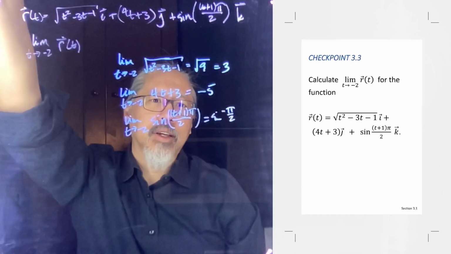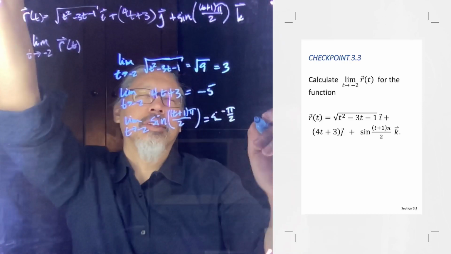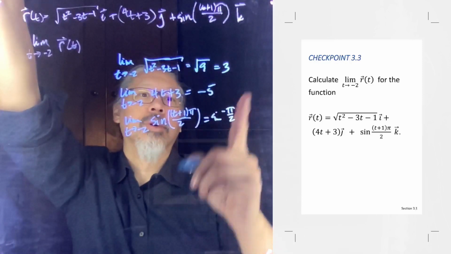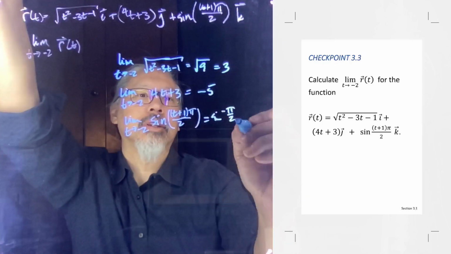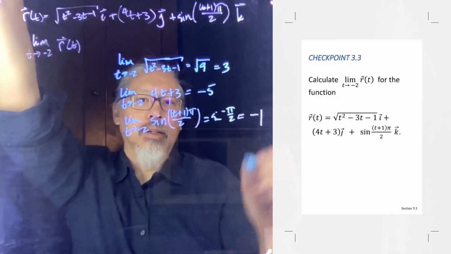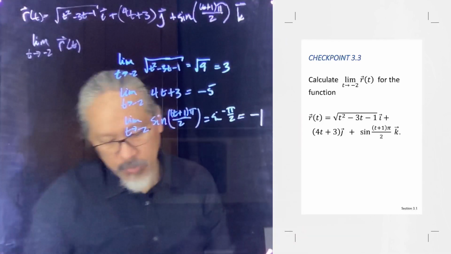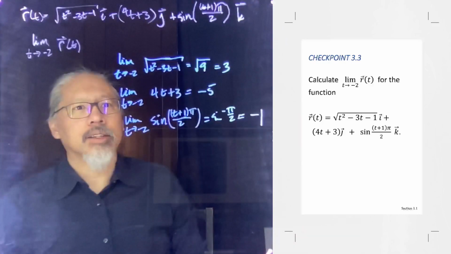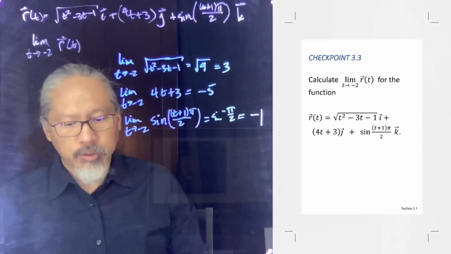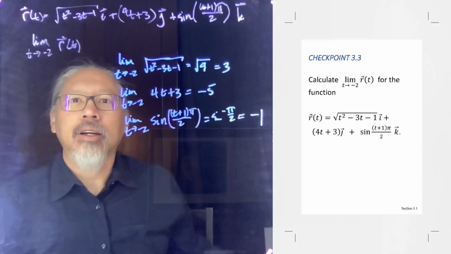The sine of negative pi over 2: it starts off at 0, it goes to 1 at positive pi over 2, and goes to -1 at negative pi over 2. So that is our set of limits, and then we just string it all together.